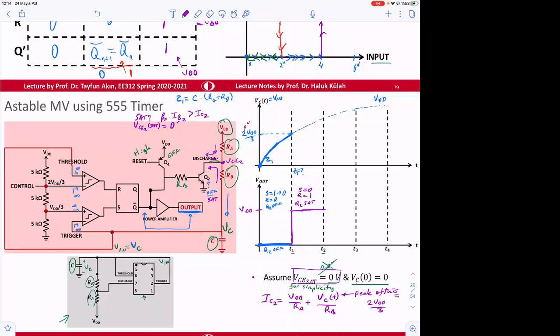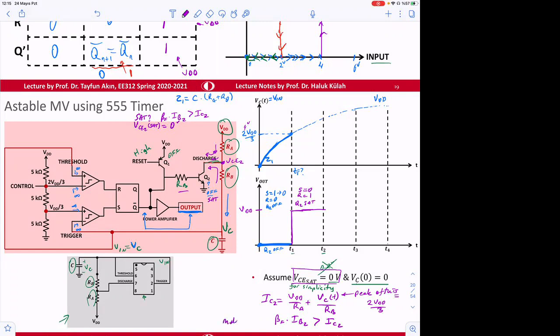So we need to make sure that this RB value, and the circuit, should be selected so that beta F times IB2 is larger than IC2. So it's going to be the maximum value of it.